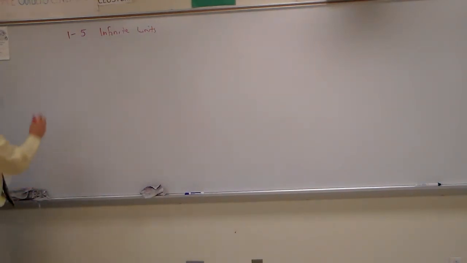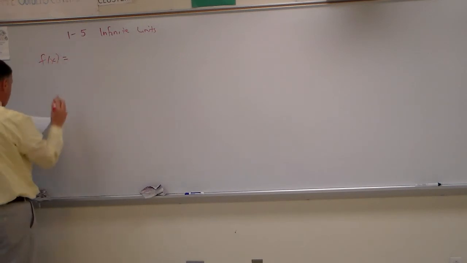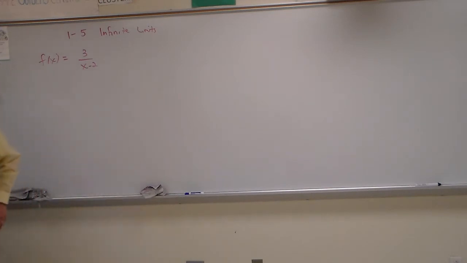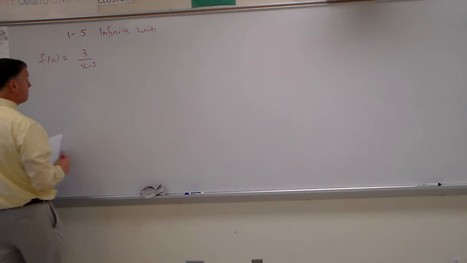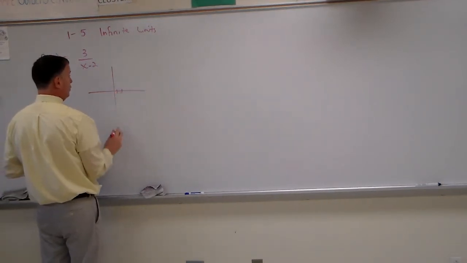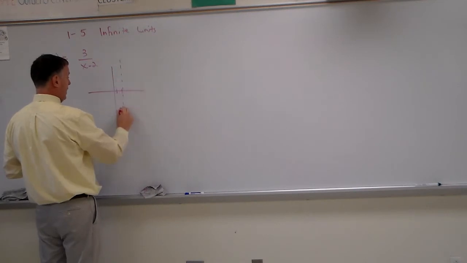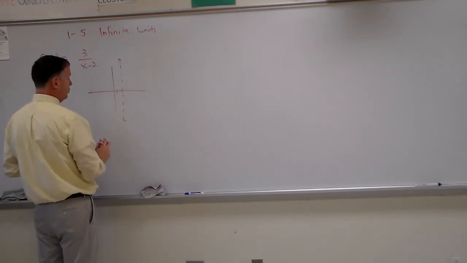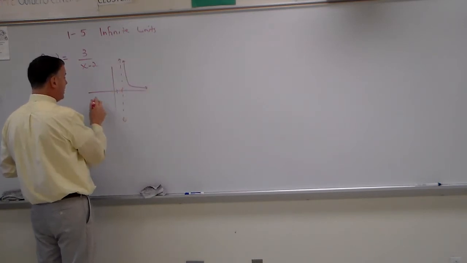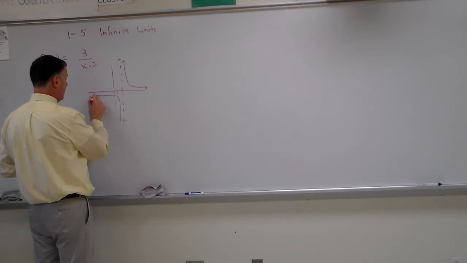So let's look at this function, f of x equals 3 over x minus 2. When you first look at this, you take a look at that denominator of x minus 2, and we know that something will be happening around 2. So I go to my graph, and here at 2, there's a vertical asymptote, and you can see that from your graphing calculator.